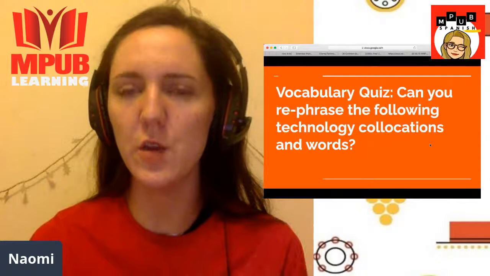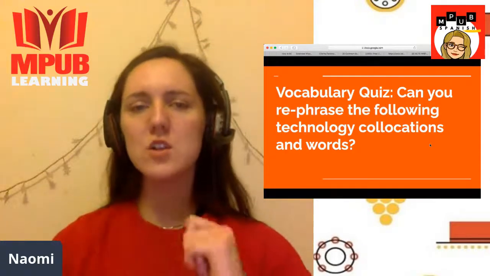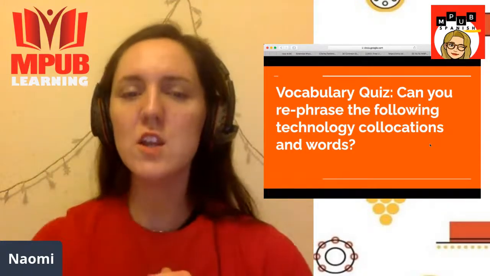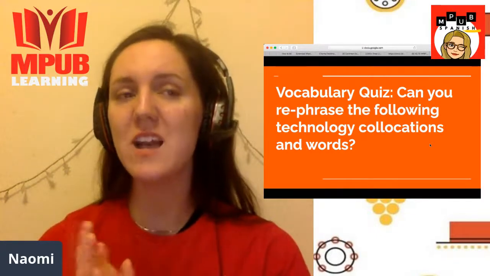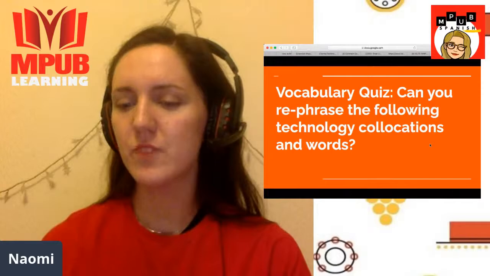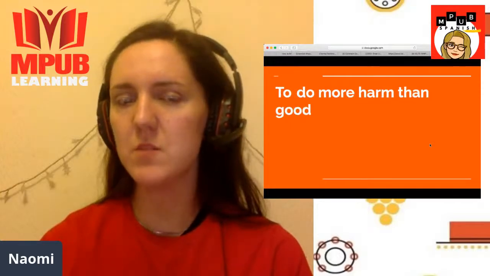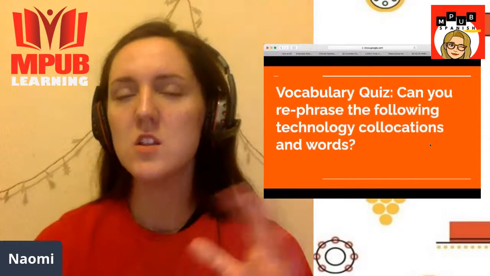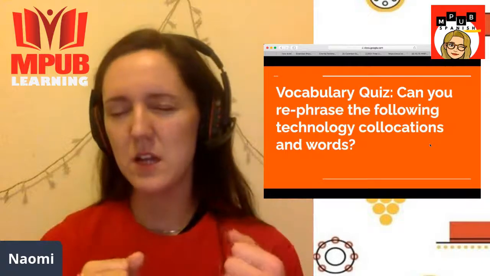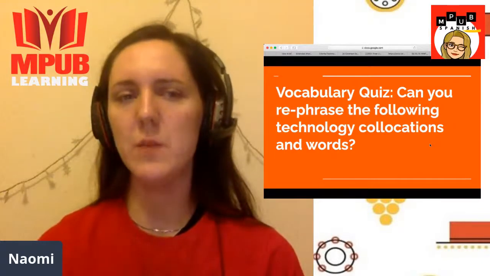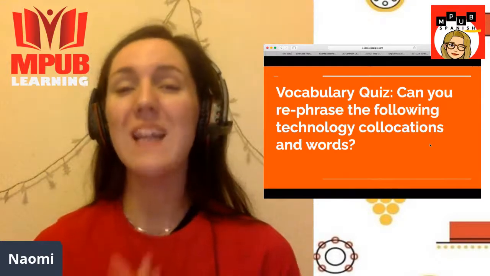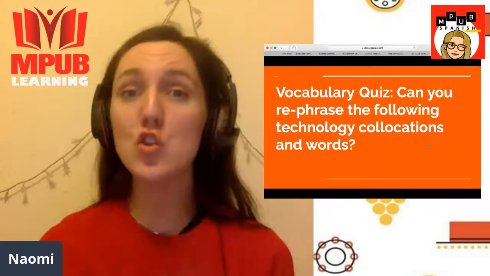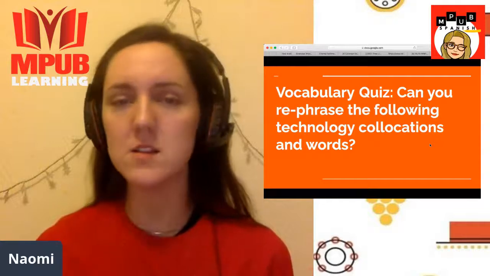Okay, we've done this. So now we're having a little quiz. Can you rephrase the following technology collocations and words? Why do we need to rephrase them? Well, in your exam, you need to constantly rephrase things.